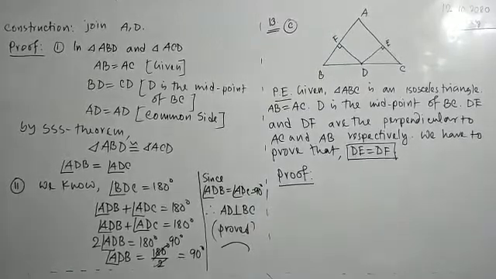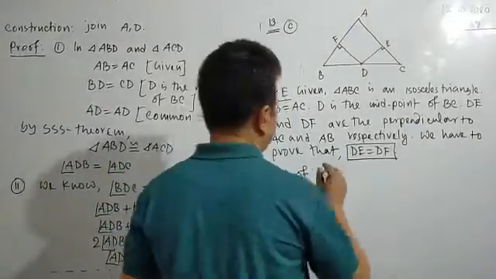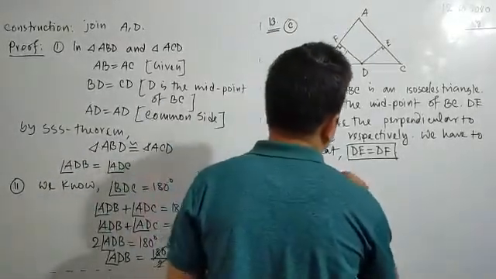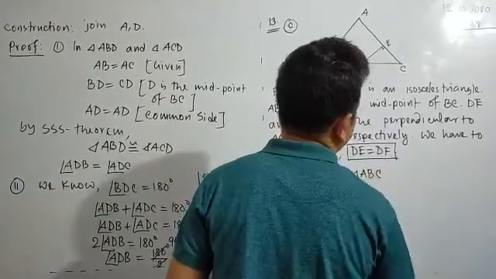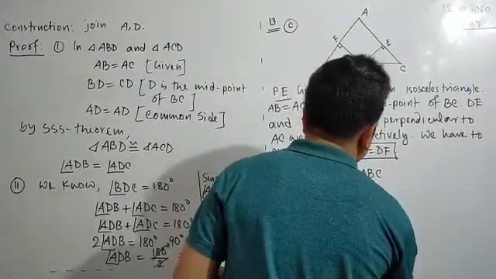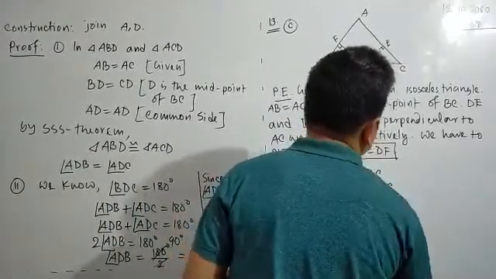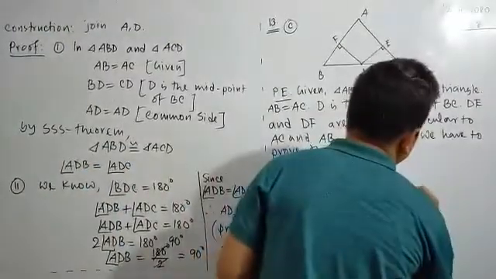Okay, so we are starting the proof. Okay, first one. In triangle ABC, AB equals AC. Where did we get AB equals AC?